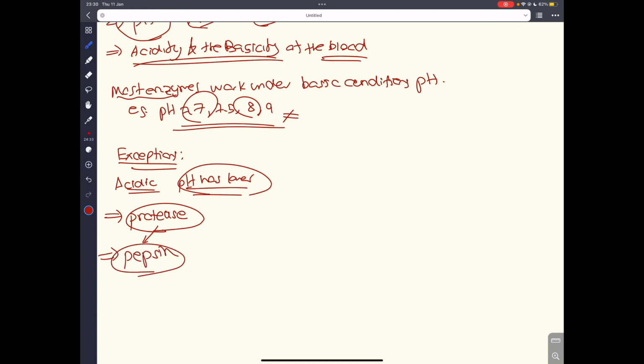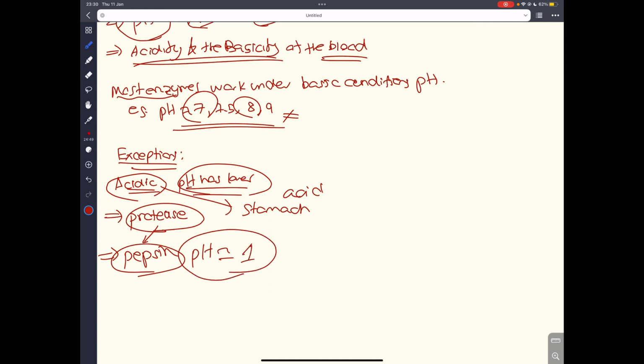Pepsin is an enzyme that works in acidic conditions, like the acidic conditions of your stomach. The stomach has stomach acid, and it works in stomach acid. It has a pH of 1. It can work in acidic conditions like 0 to 1, 1 to 2.